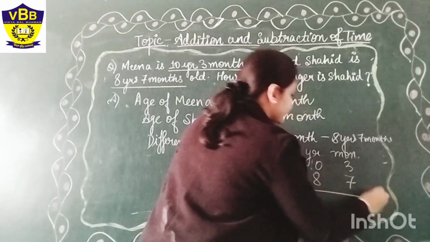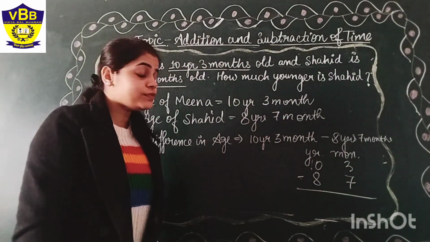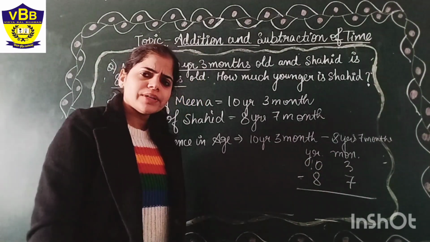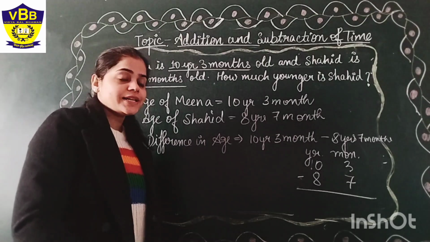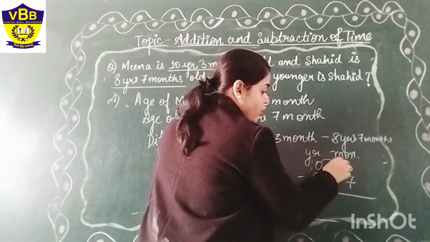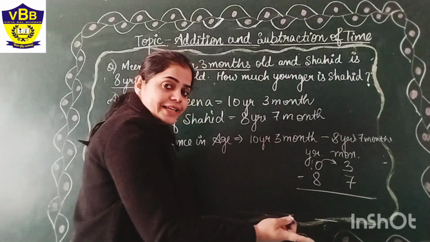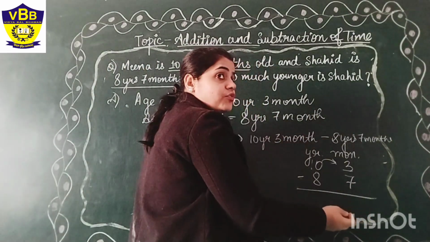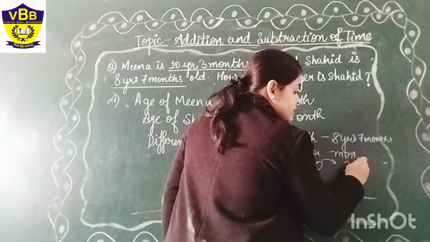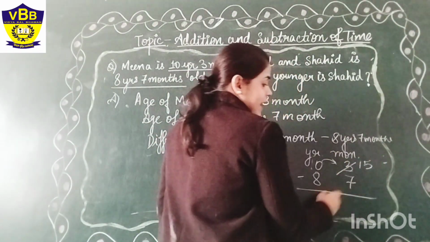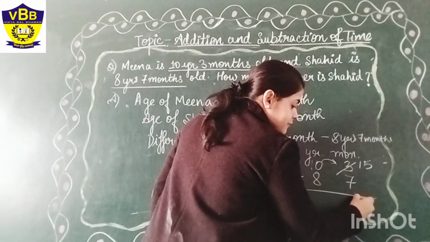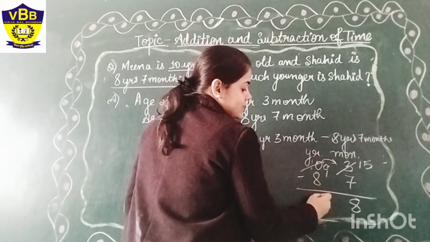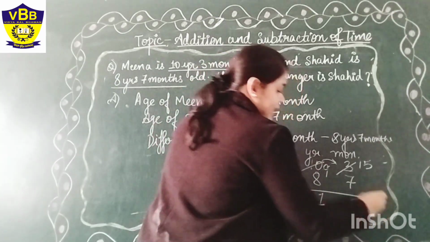So how to subtract it? Again, there is a confusion. 3 minus 7. Can we do this? No, we can't do this. We will again take the carry forward here. 1 year is carried forward to the month area, so it will actually be 12 months carried forward. So 12 plus 3 will be 15 and 15 minus 7 is 8, and here it becomes 9 and 9 minus 8 is 1.